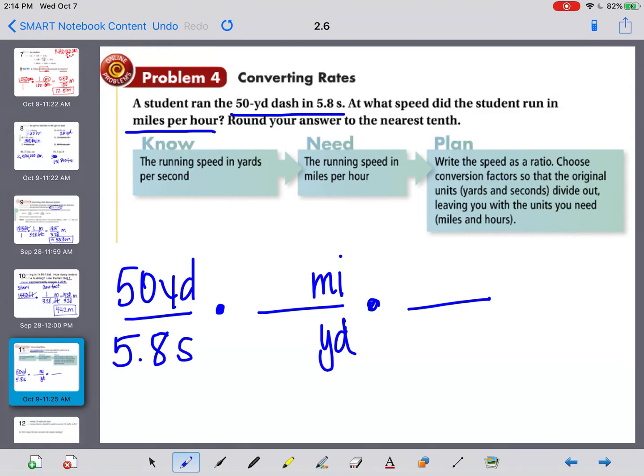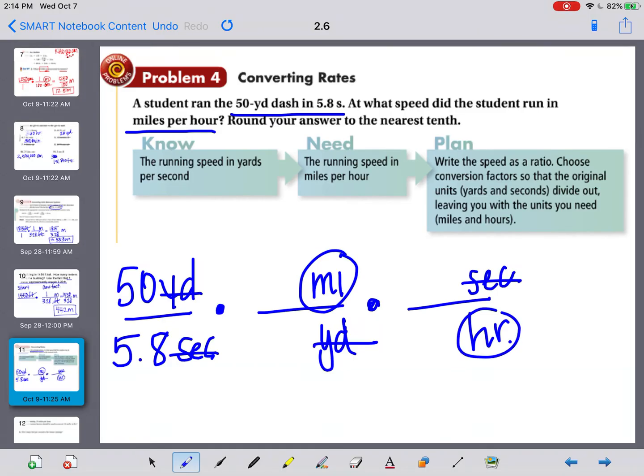Miles measures the same thing as yards, so I'm going to put those together. Seconds and hours measure the same thing. I had to put seconds on the top so that it canceled with the seconds that were on the bottom, and yards had to go on the bottom because I already had yards on the top.